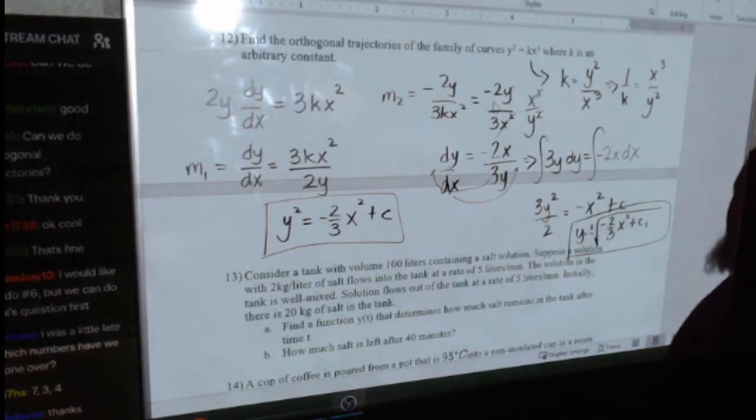Or 3/2 is perpendicular to, effectively, the 1, it looks like. So you'd have to plot those to see how that all works out for you. Any questions about that problem?